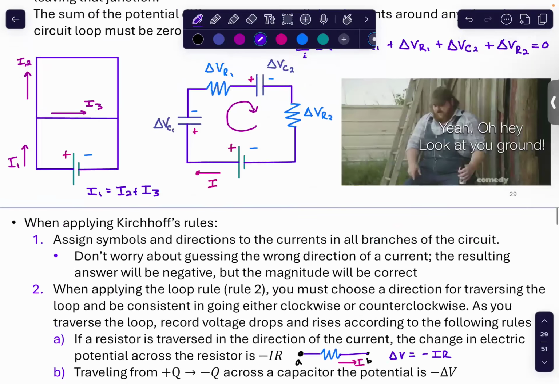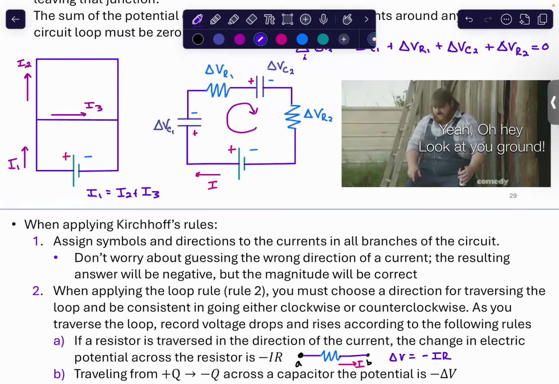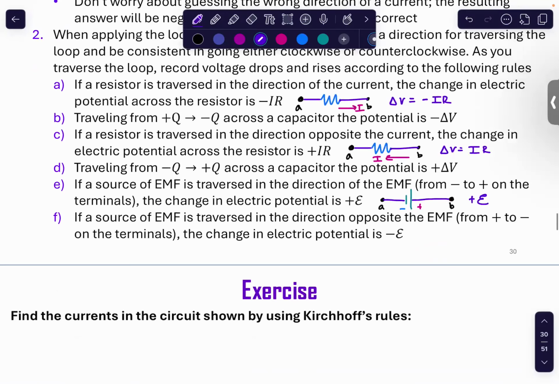So if you look here, if I travel around that circuit that way, that will give me a positive EMF because I crossed the battery going negative to positive. And then if you cross the battery going the other way, it's a negative EMF.